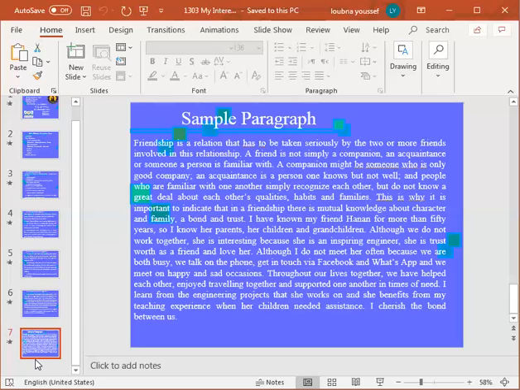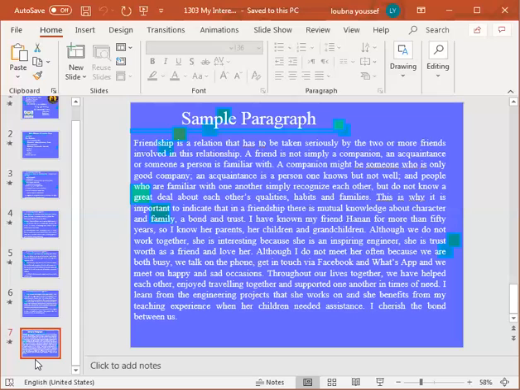People who are familiar with one another simply recognize each other, but do not know a good deal about each other's qualities, habits, and families. So if you have a friend, you have to know about their qualities, about their habits, and about their families.